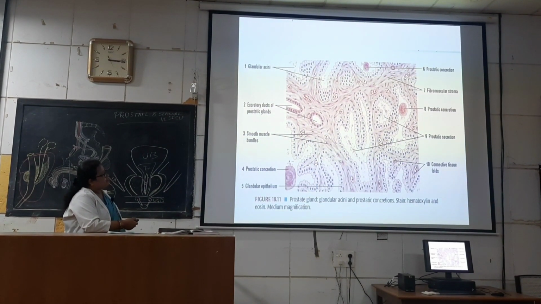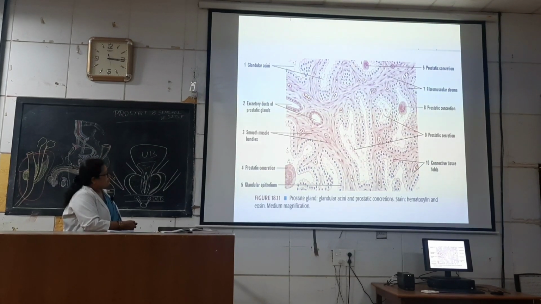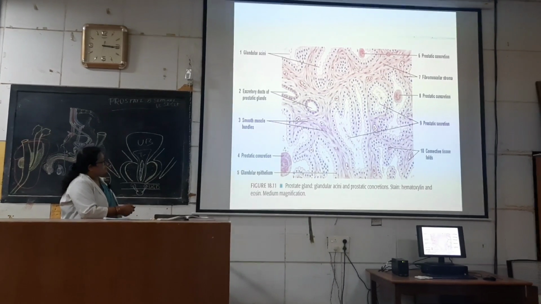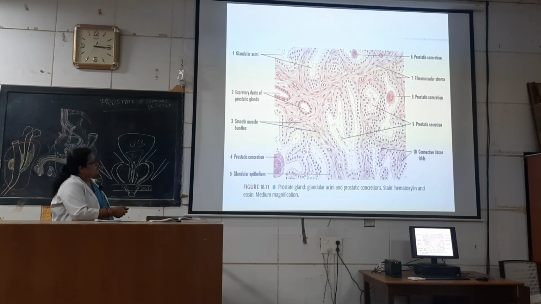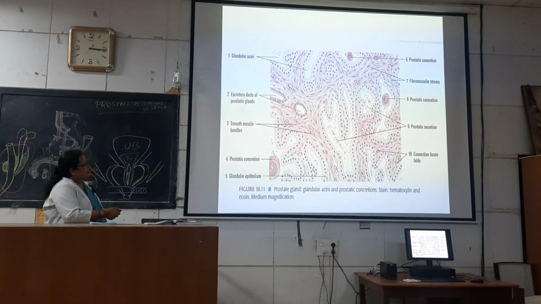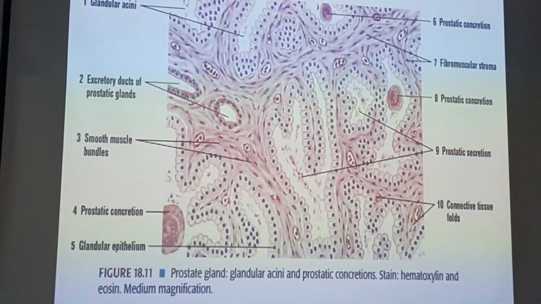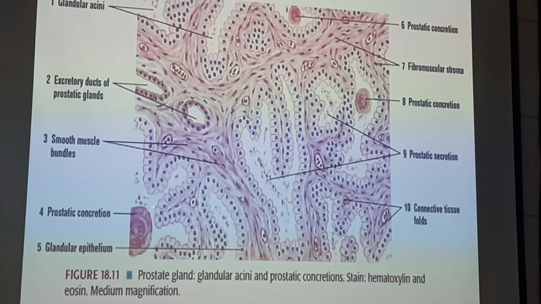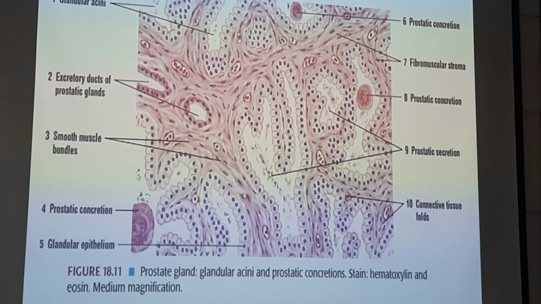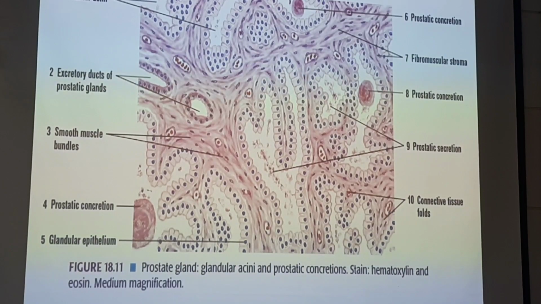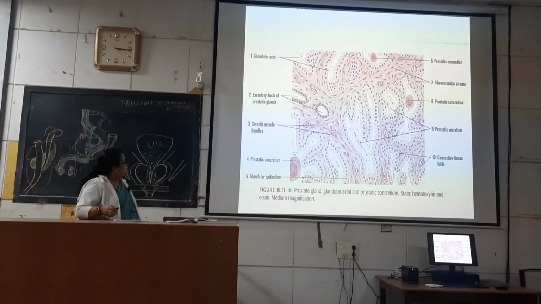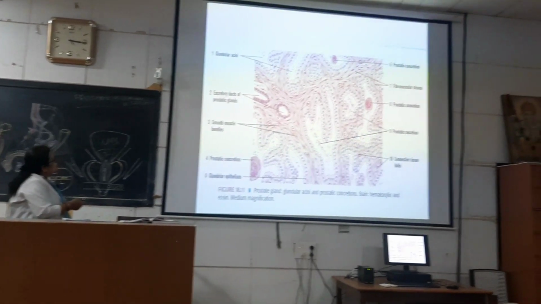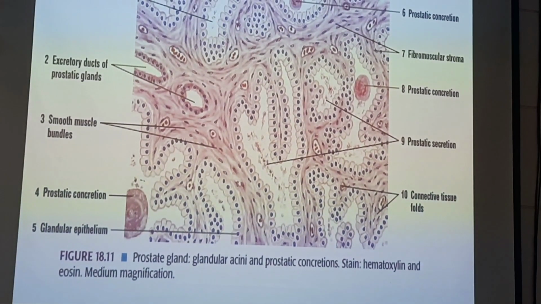So it is called fibromusculoglandular. Within the lumen of the glandular part we can see prostatic concretions, otherwise called corpora amylacea, which are found mostly in old age. These are the glandular acini which you see.